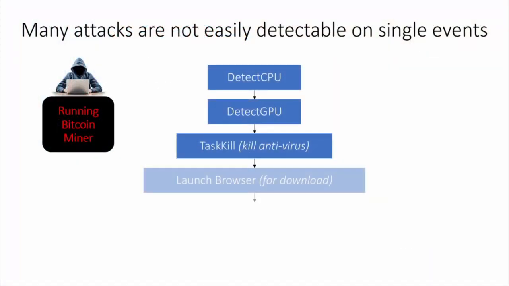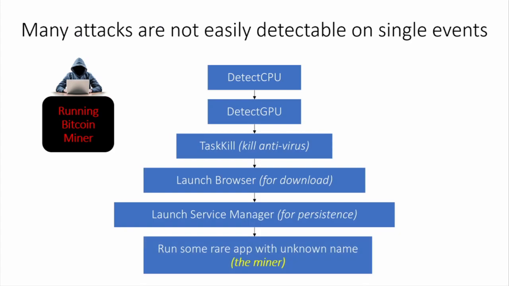Now let's talk about another scenario where attacks are not based on a single event, but on a series of simple events. Let's take an example where we have a hacker breaching into a machine and then doing a series of steps.